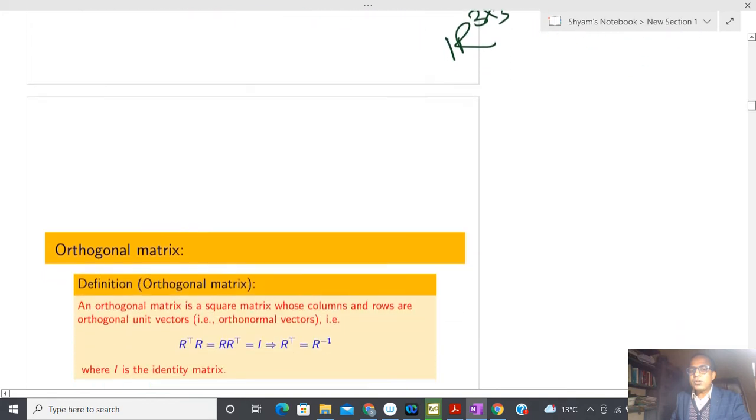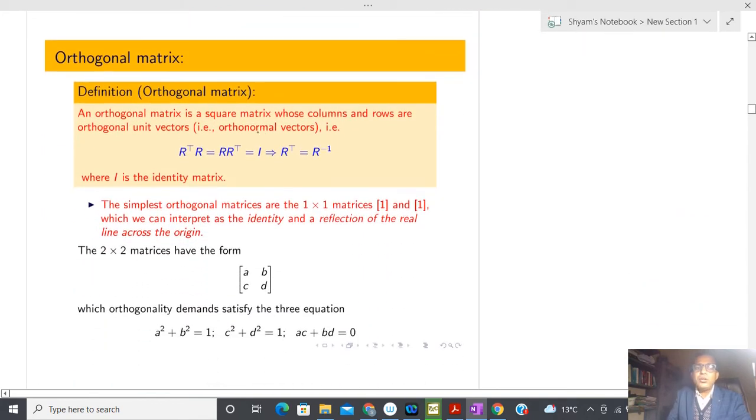So what we found here in matrix theory is that an orthogonal matrix is a square matrix whose columns and rows are orthogonal unit vectors. If rows and columns are orthogonal unit vectors, then we also call them orthonormal, and that will satisfy the property R transpose R equal to identity, which implies R transpose equal to R inverse.